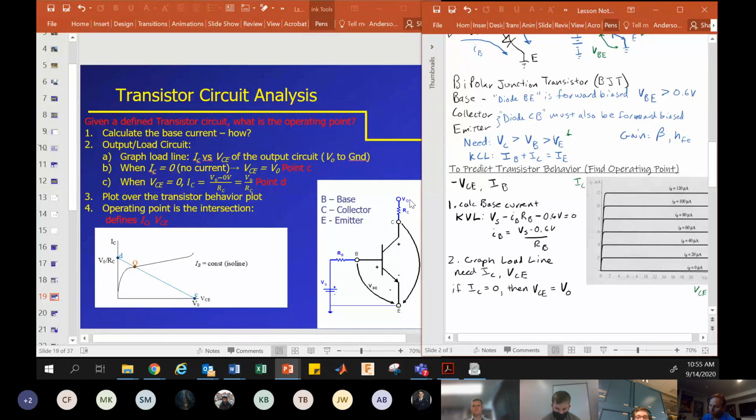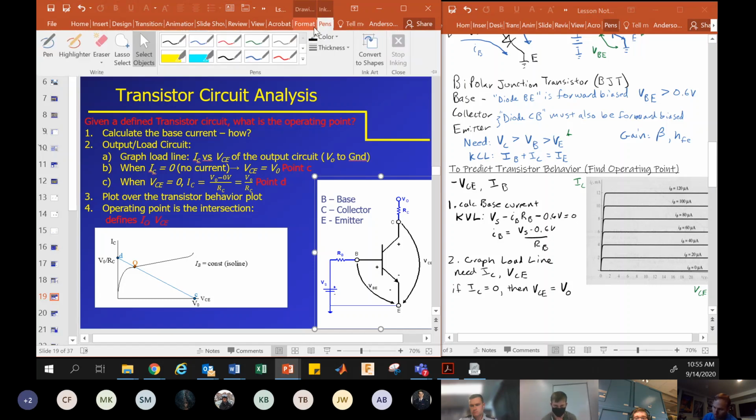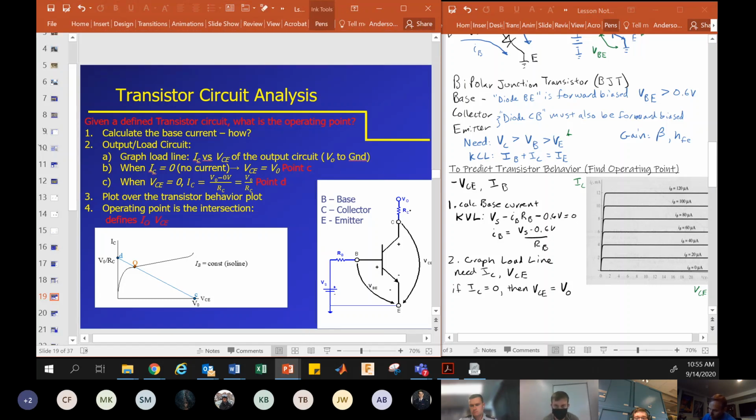So if there's no voltage drop over RC, we know from KVL that V0 has to drop to ground between here and there. So there's only two parts of this circuit: this voltage drop, VRC, and this voltage drop, VCE. So if the voltage drop across the resistor is 0, then the voltage drop from C to E must be all of V naught.